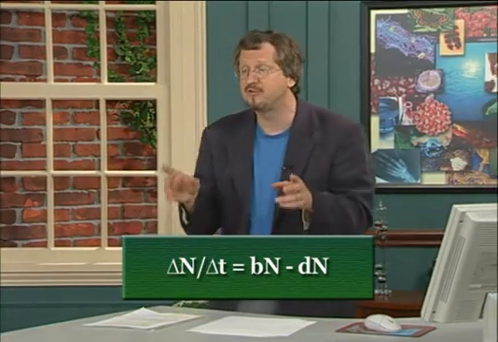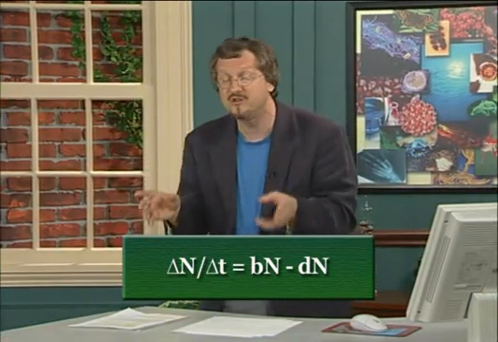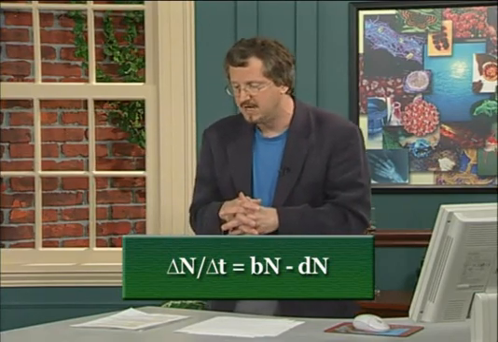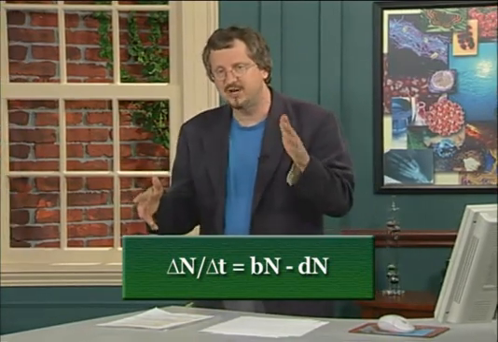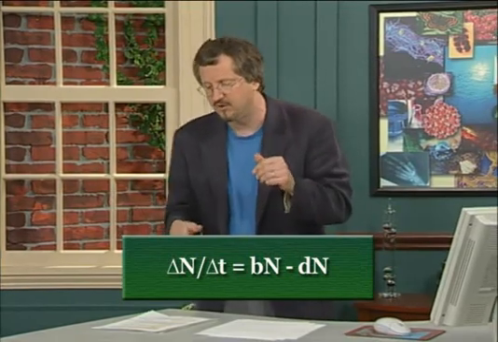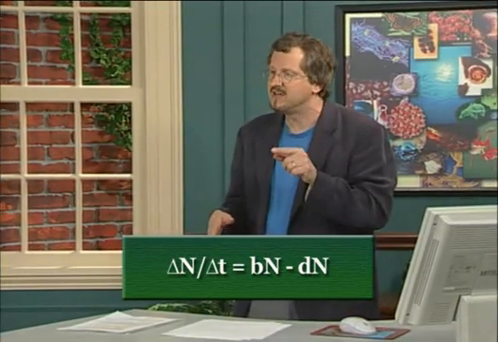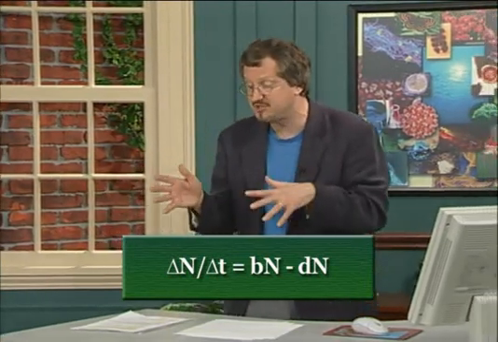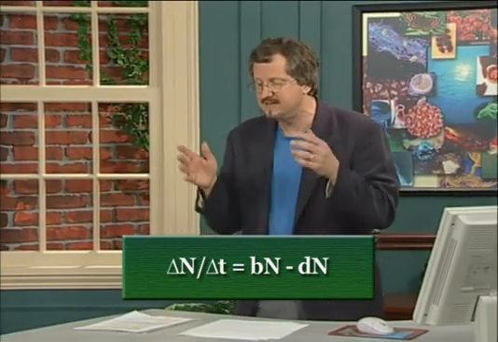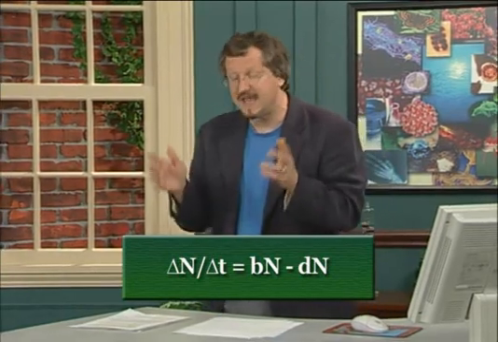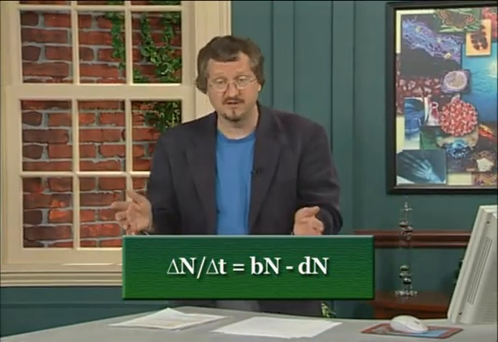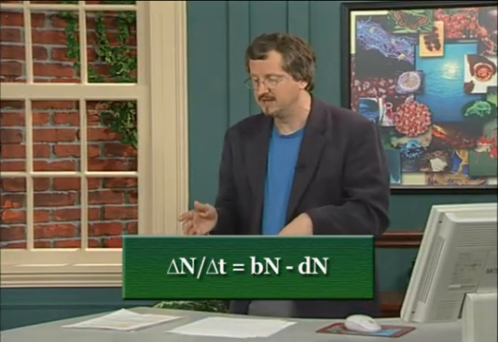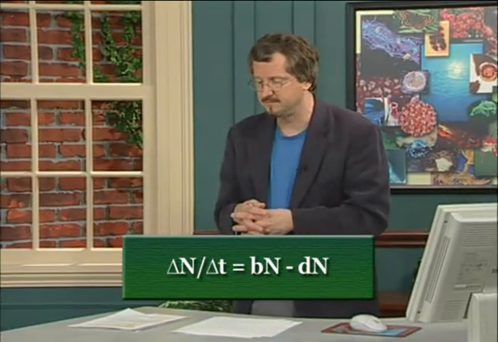And we're multiplying those rates times the number of individuals that exist in a population at a particular time. So in English, this equation delta n over delta t equals small b n minus small d n really says the change in population size per unit time is equal to the birth rate of the average individual times the number of individuals in the population minus the death rate of the average individual times the number of individuals in the population.